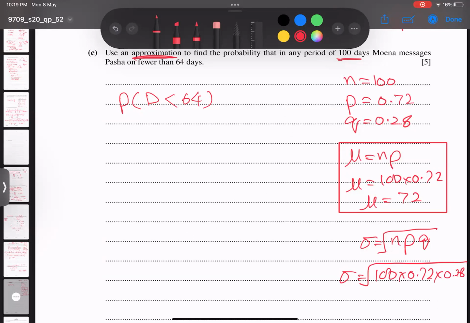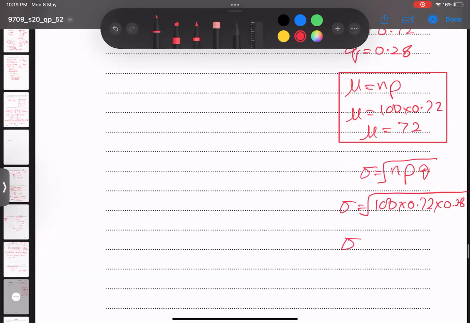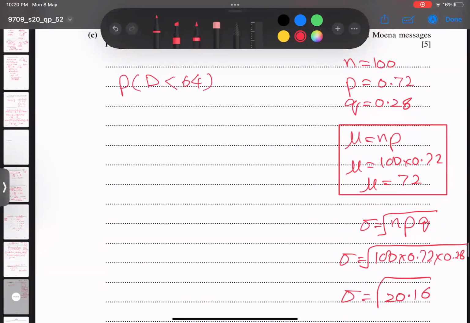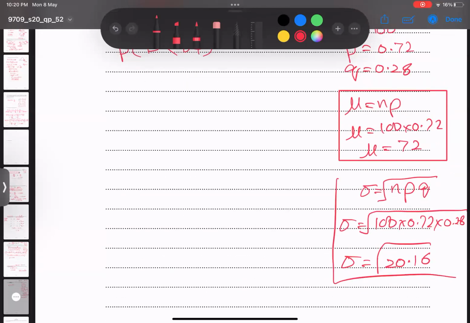When I type it in the calculator, it comes to 20.16. Then take the root of the whole 20.16. You can go for accuracy in this way. No problem, I've taken this value as it is, and this is the deviation.